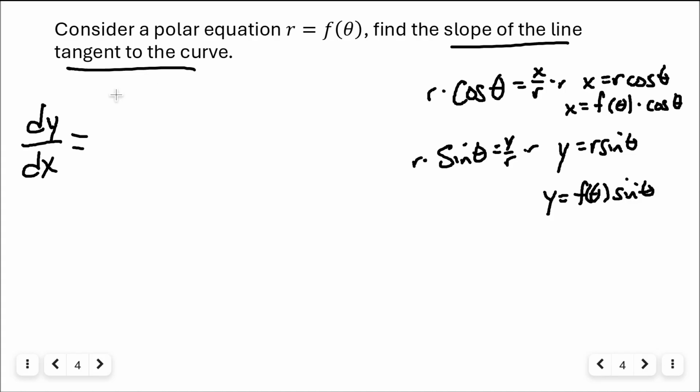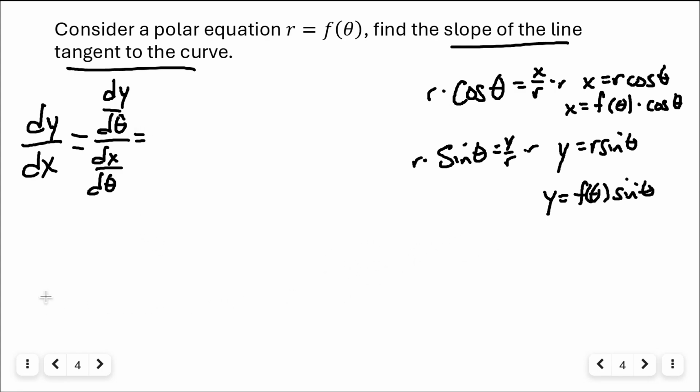But that helps me, because if I take dy d theta and divide by dx d theta, I will get dy dx, right? Just like we did when we worked with parametric equations. Dy dt divided by dx dt was dy dx. This is the same thing. It's very similar. Okay, so now all I have to do then is I need to find dy d theta.